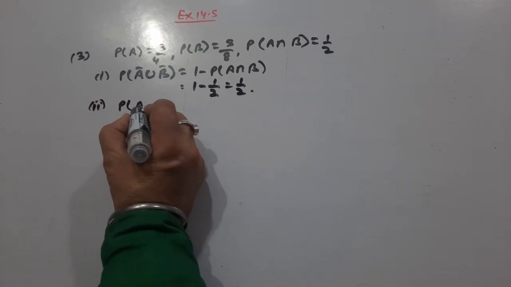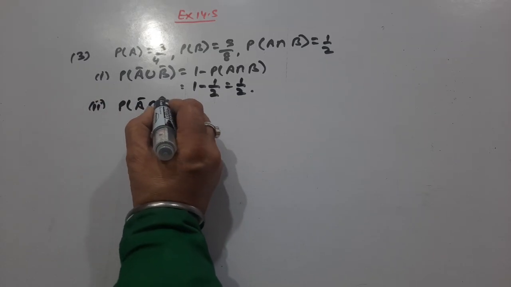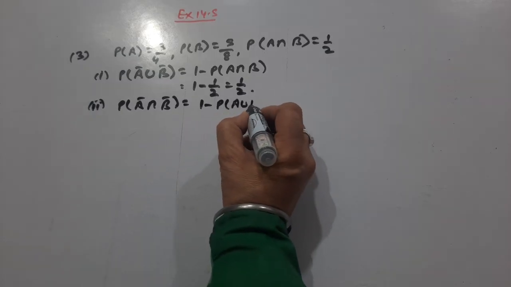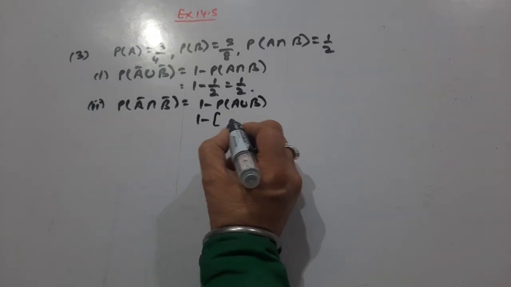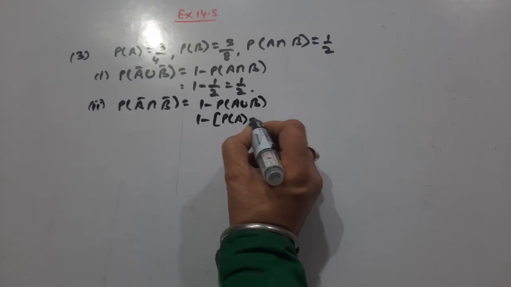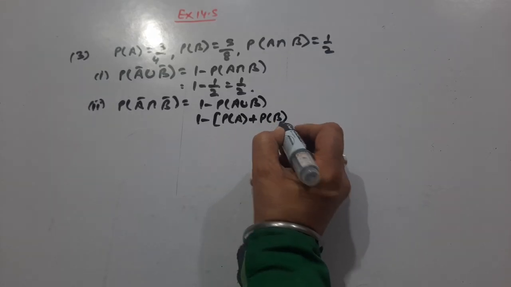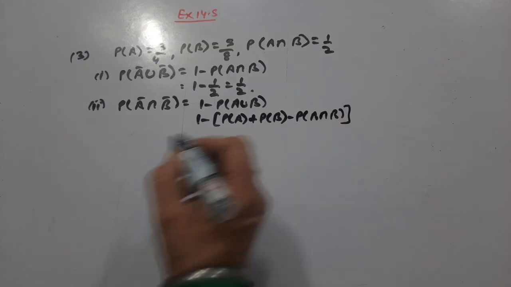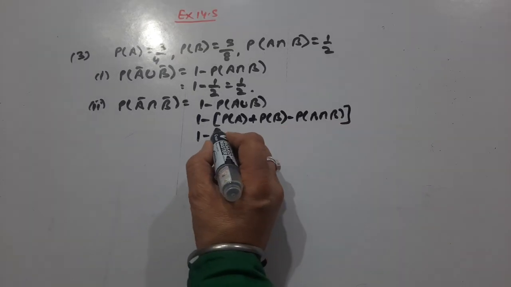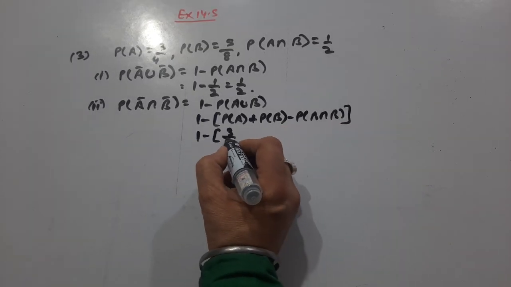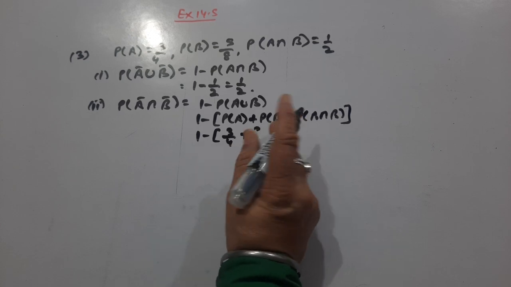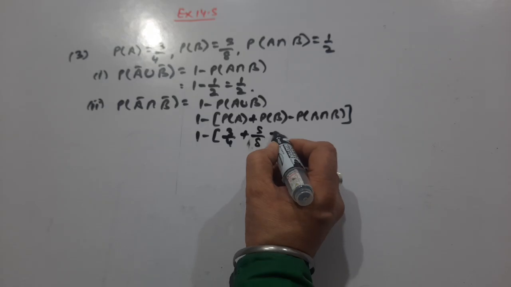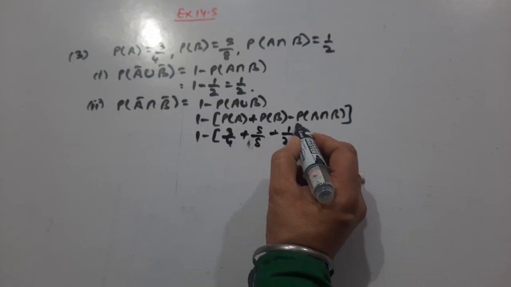P of A bar intersection B bar. So this is equal to 1 minus P of A union B, and that is 1 minus P of A plus P of B minus P of A intersection B. So 1 minus, P of A is 3 by 4, P of B is 5 by 8, and minus 1 by 2.